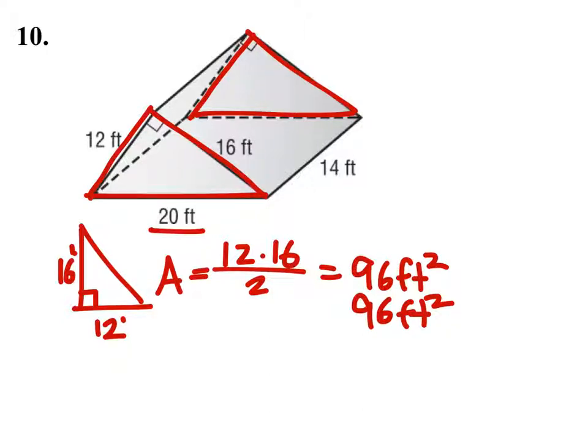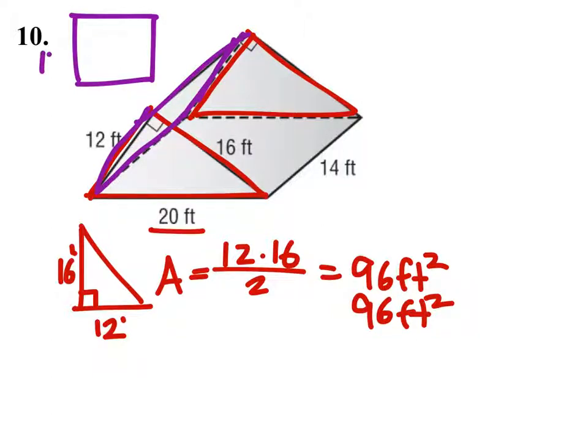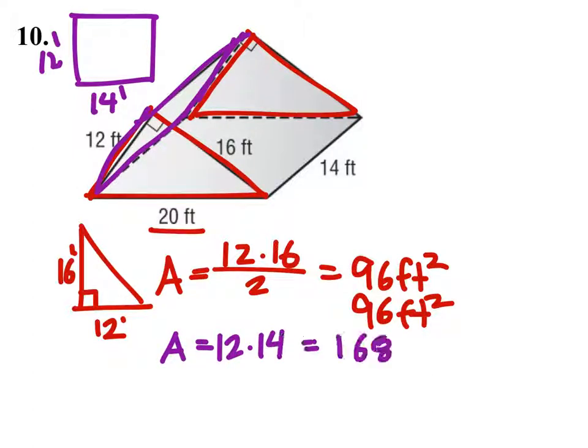Next up, I'm going to move on to this face here, on the left, and that is a rectangle, if I were to draw it over here. And the dimensions of this rectangle are a 12 foot by 14 foot rectangle. So when I find that area, I've got 12 times 14, which is 168 square feet.